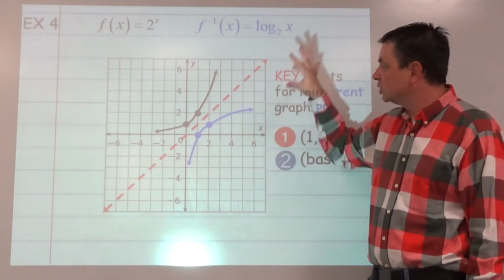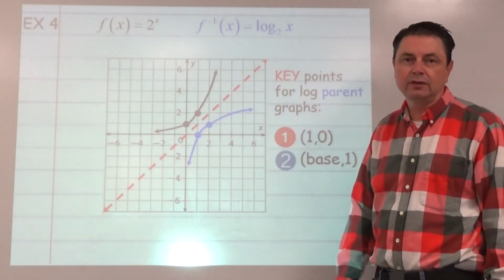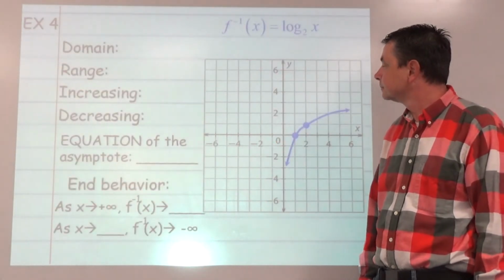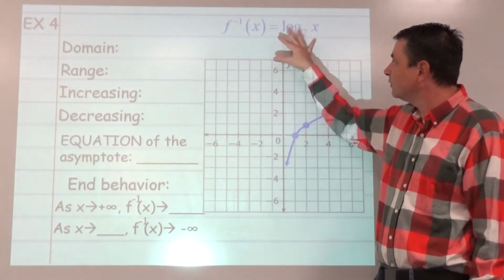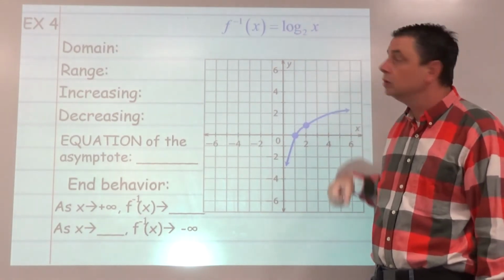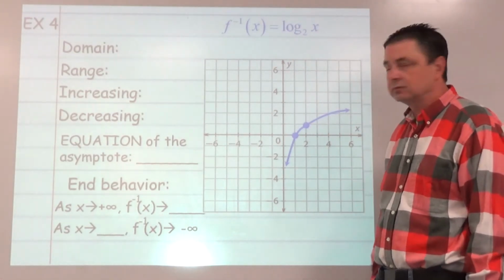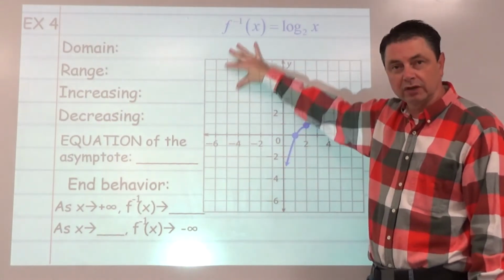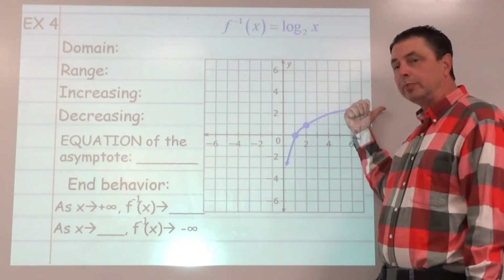So let's take a look at just the log graph and look at its key characteristics. So here's our graph. Here's our function. I'm talking about the log function, particularly base 2. What's the domain? Well, it's not negative infinity to positive infinity. There are no points over here. It's going to positive infinity.